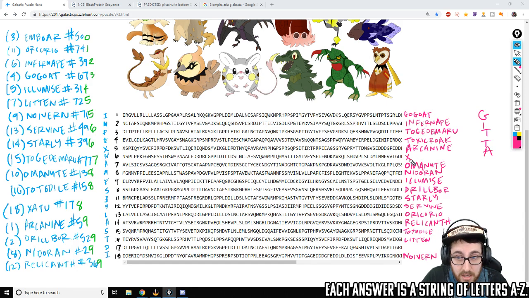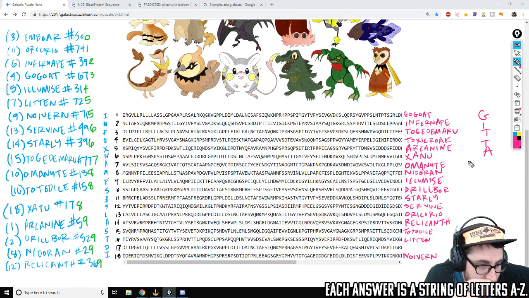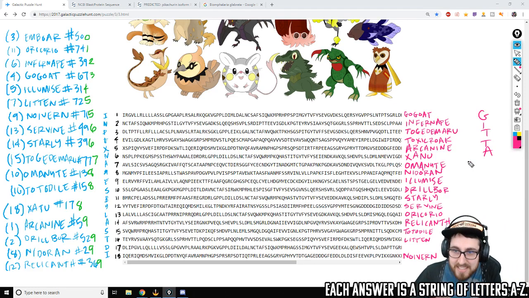Taxonomy. Tax IDs, taxonomy IDs, sort. That one's gonna be Xanu, so digit. So index names by last digit taxonomy IDs, I think that's what it's saying.